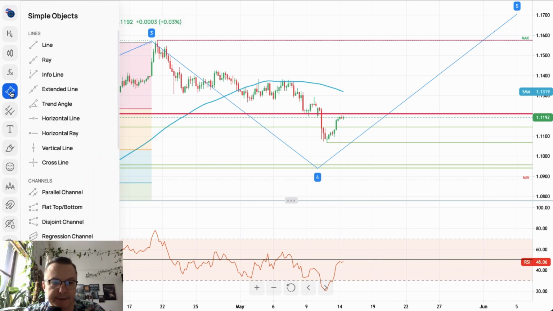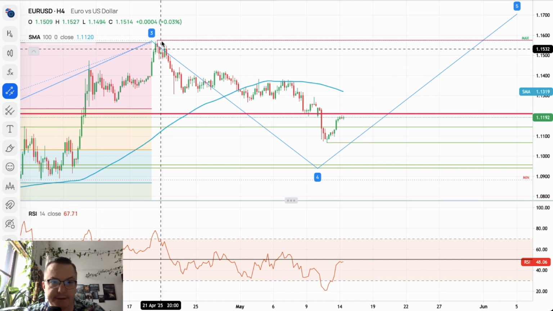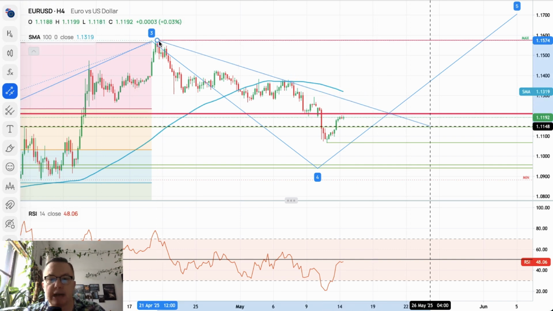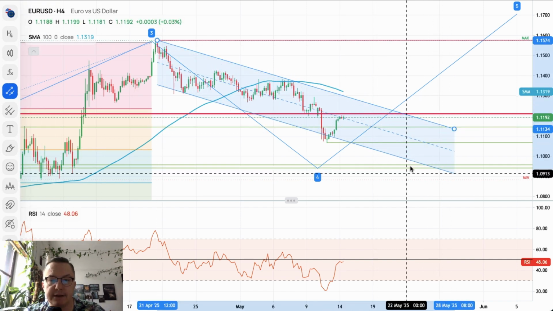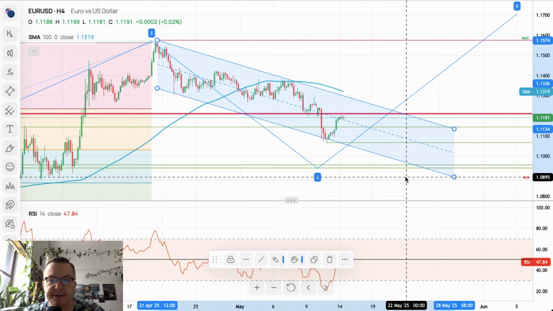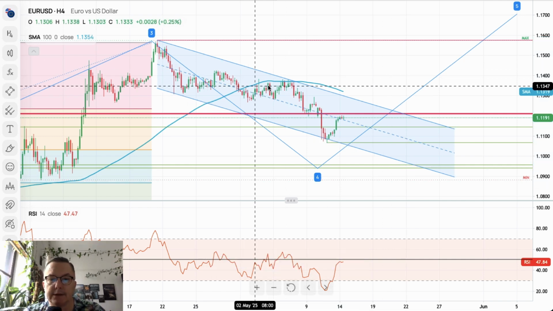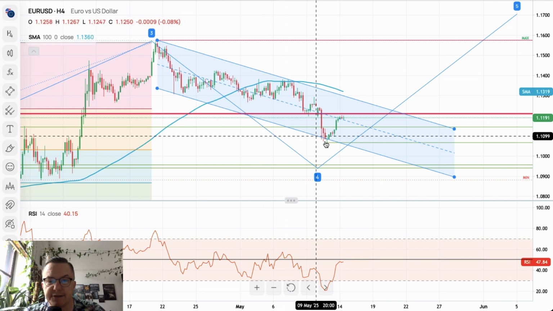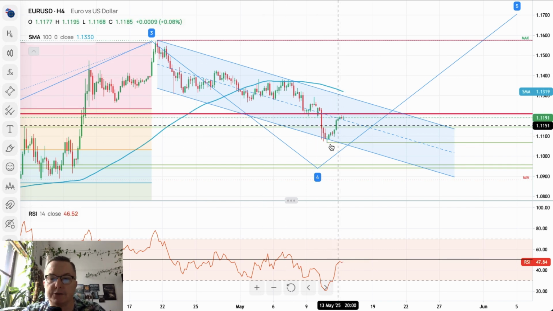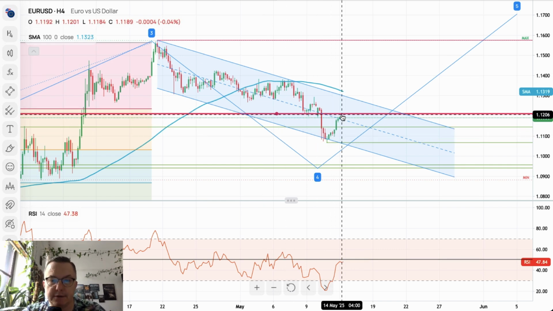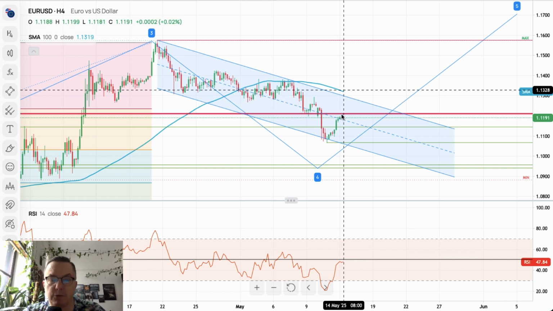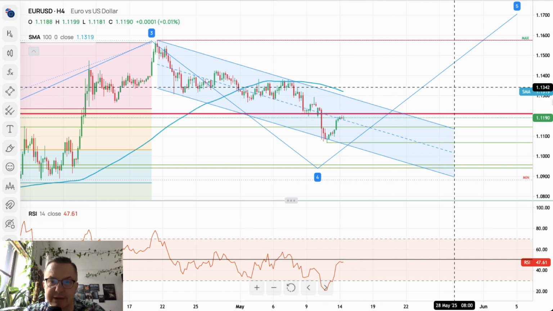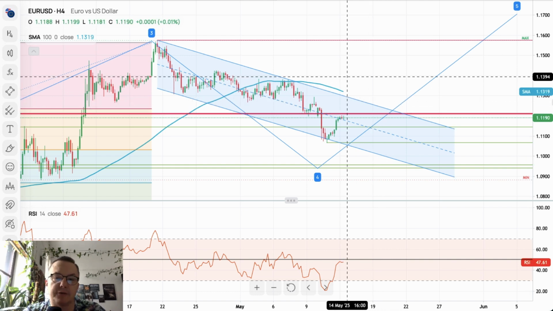But first, let's add some sort of channel here. Why? Because the corrective cycle here looks like it is trading inside of the channel, and my suspicion was correct. So we need to break above the technical resistance, above the 100 periods moving average, now 1.1319, and then out of the upper channel line towards the level of 1.1386.